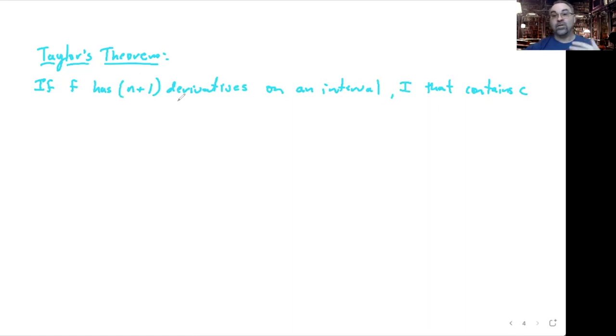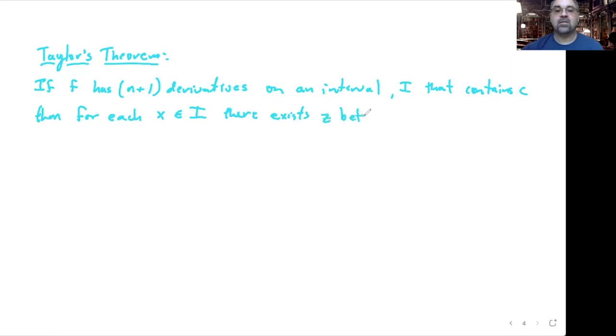So we're not going just to the nth derivative now. You can imagine we're going to need the n plus 1 derivative. And on this interval I, and it contains c, then for each x that's in the interval I, where the symbol means is a member of, is in the set I, then for each x there exists a z. Now I'll try to clear up what z is doing here in a minute.